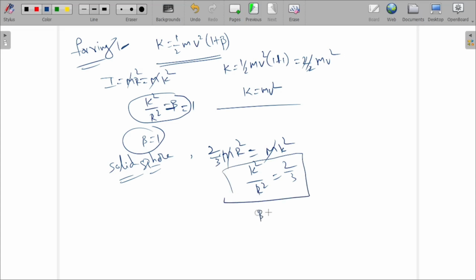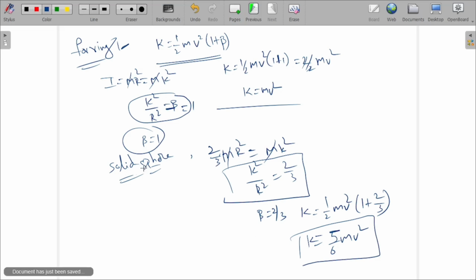That means beta equal to 2 by 5. Then you can substitute that. Then kinetic energy equal to half m v square of 1 plus 2 by 5. So 5 plus 2, 7, 7 by 5, 7 by 10 m v square. This is the kinetic energy of solid sphere.